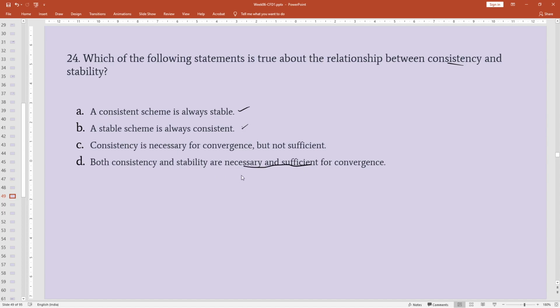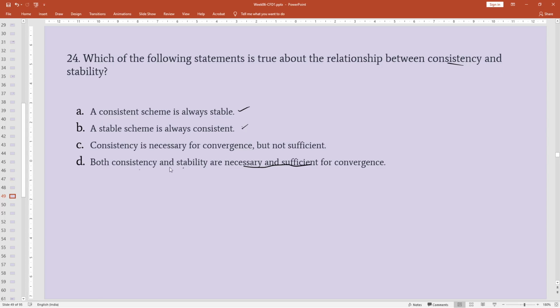If you go to Lax's theorem, it says that if a numerical scheme has consistency and stability, then it will converge, or rather, it will most probably converge. But option D is saying that the only two things you need for convergence are consistency and stability, which is not right.